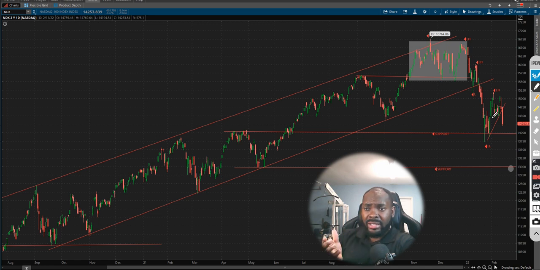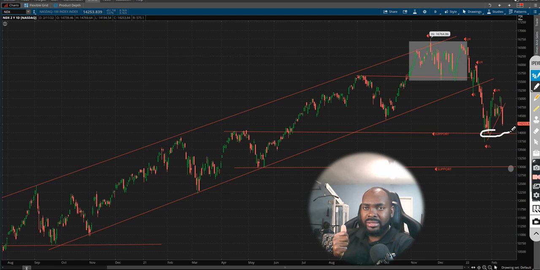What I really resorted to was old resistance over here, which became support at one time. Price came down, boom, breakout, consolidated at that level, and then price moved back to the upside. So now the market is coming back down.